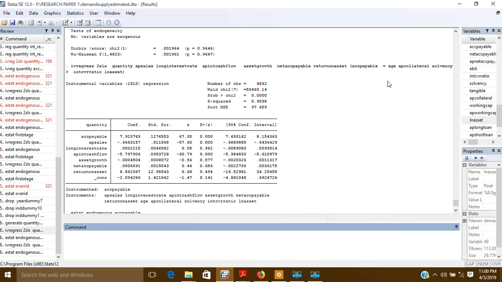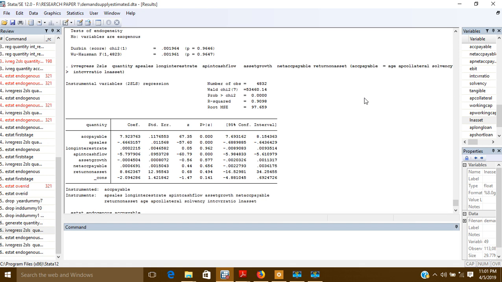This overid test tells us that if there are fewer endogenous variables and more instrumental variables present compared to the endogenous variables, in such a situation we have over identification.